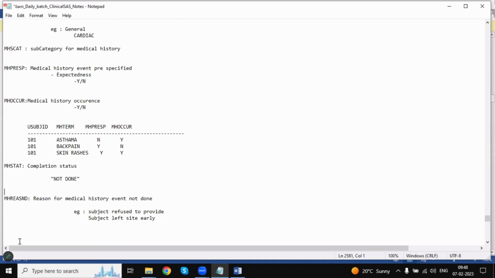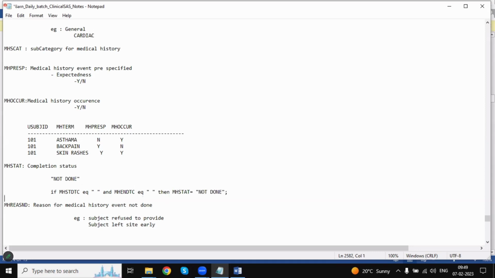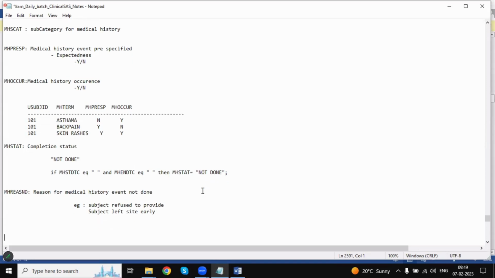So how do you do it programmatically? For example, if your MHSTAT details, the medical history start dates for each term, are missing and end dates are missing, then your MHSTAT is going to be not done. If not done, write a reason.